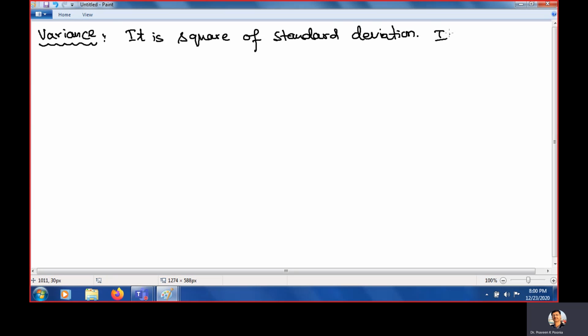And it is denoted by s square. This you can call a sample because we are taking a sample. So sample variance you can call it, like sample standard deviation.